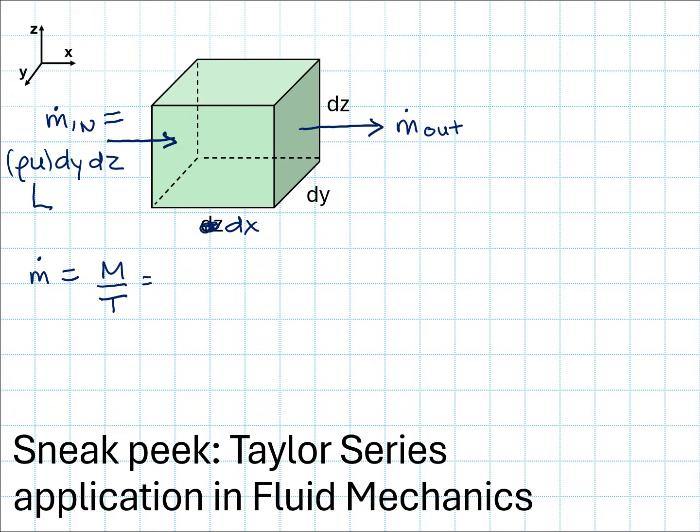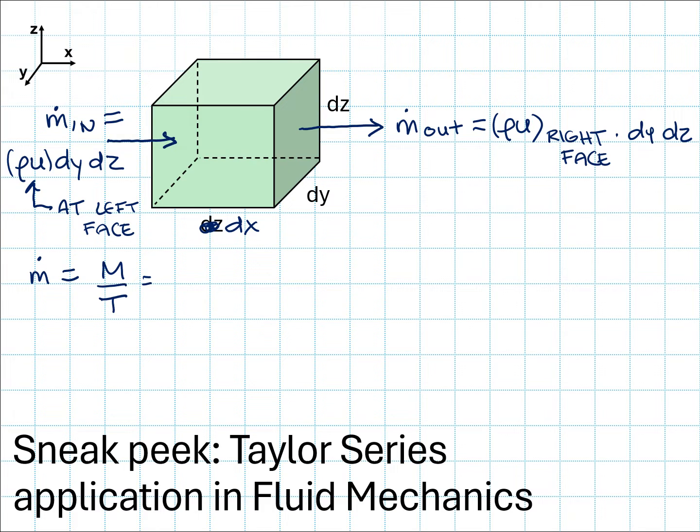And I want to point out that this rho u right here is specific to this left face. And then over here on the other side, the mass going out is going to be rho u on the right face, multiplied by the area, which again is going to be dy dz.